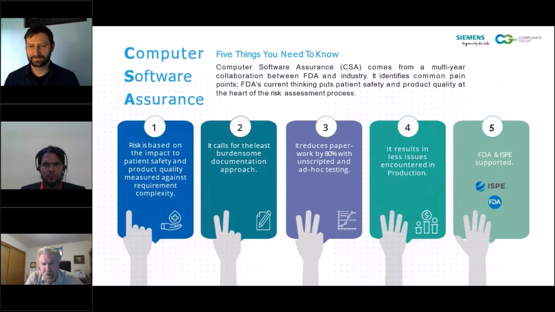Third, it can reduce paperwork by 80%, mostly on the testing areas where you can introduce unscripted testing, which are very quick test results, and ad hoc testing. Testing does not go away, testing just changes. Fourth, this results in fewer problems in production, which is really important to product quality.